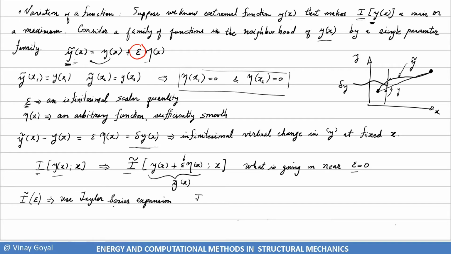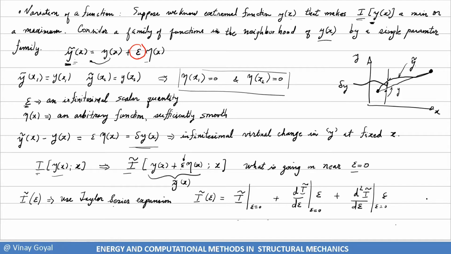I tilde near epsilon of 0 is I tilde at epsilon equals 0, plus the derivative of I tilde with respect to epsilon at epsilon equals 0 times epsilon, plus the second derivative of I tilde with respect to epsilon at epsilon equals 0 times epsilon squared divided by 2, plus etc.